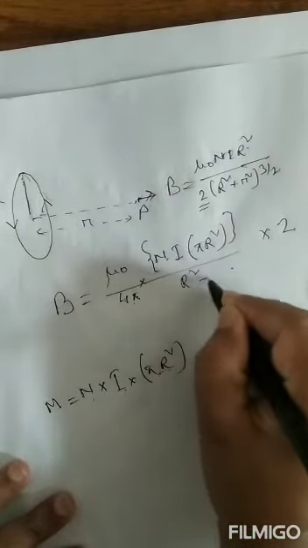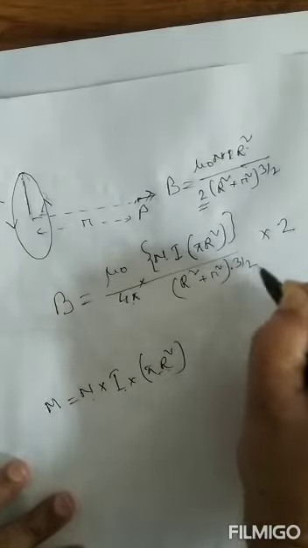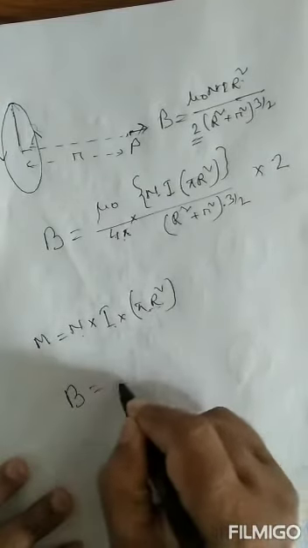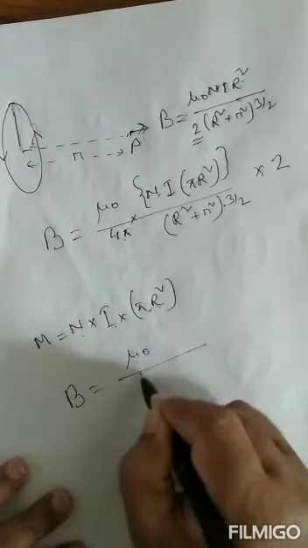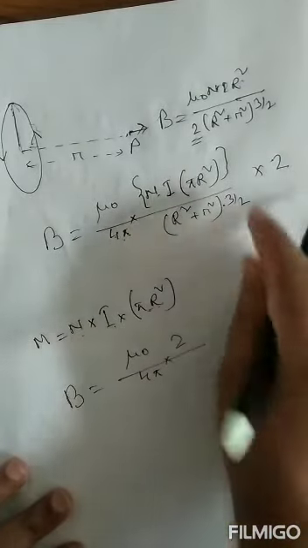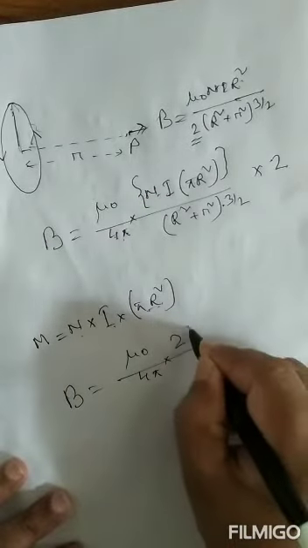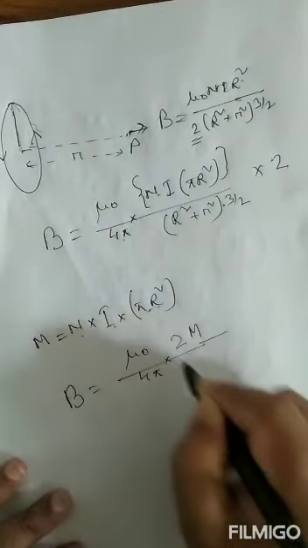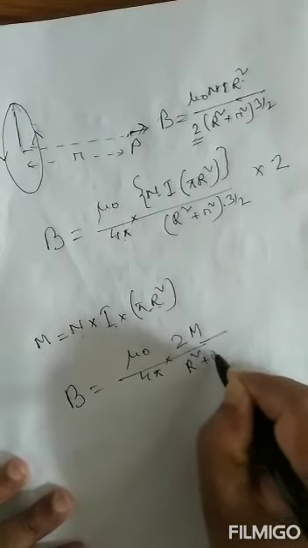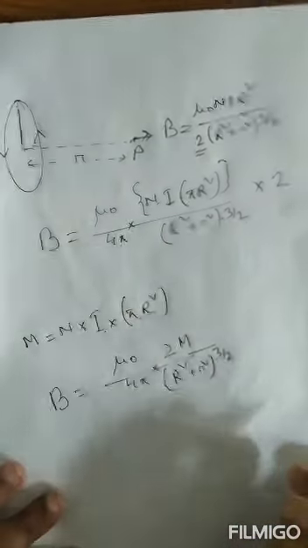So what do we get? B is mu 0 by 4 pi, this 2 is here, and this term gives us capital M, divided by capital R square plus small r square whole to the power 3 by 2.